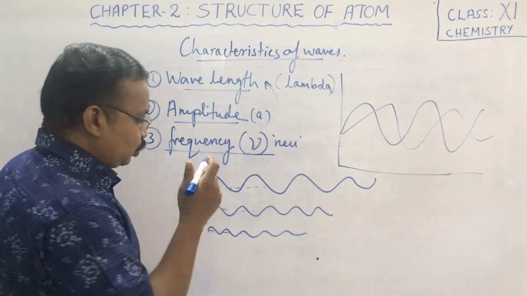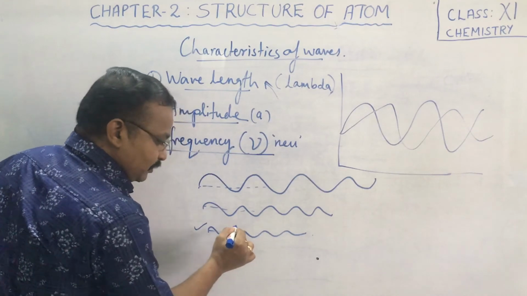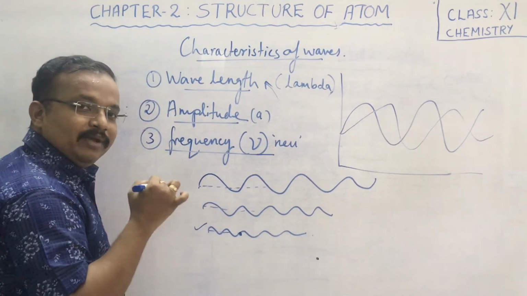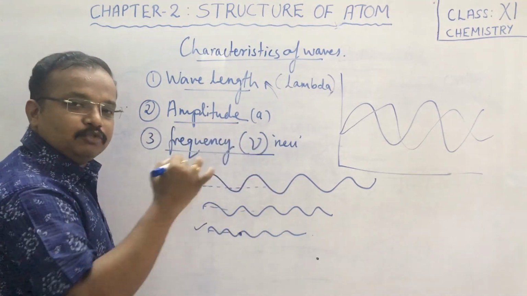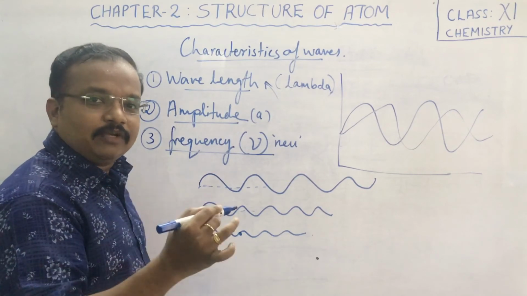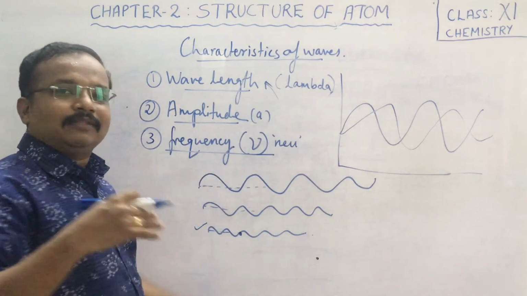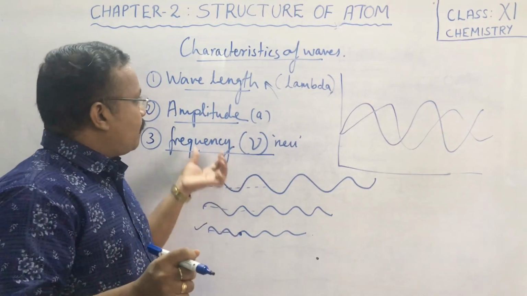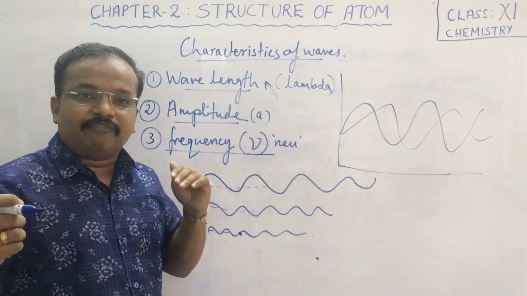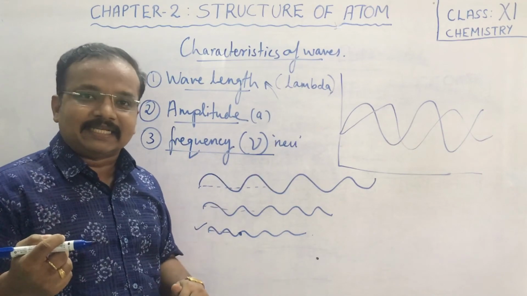We consider a particular point through which a number of waves pass in 1 second. That we call frequency. It is just opposite to wavelength. If wavelength increases, the frequency automatically decreases.